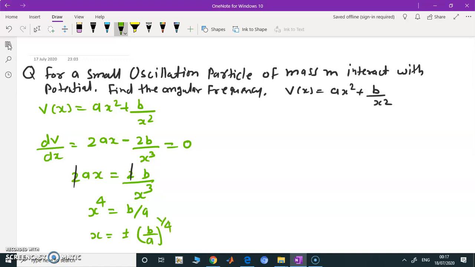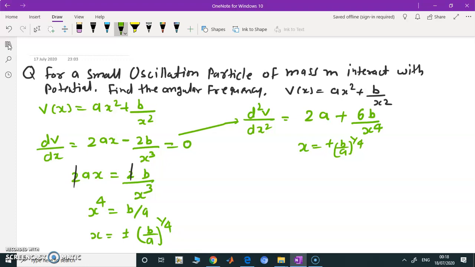Now we want to calculate the angular frequency, so we need the double derivative of the potential, d square V by dx square. If we do the double derivative of this equation, it will be 2a plus 6b upon x to the power 4. Now we put x is equal to plus minus b by a to the power 1 by 4 in this equation, because this is the equilibrium point.